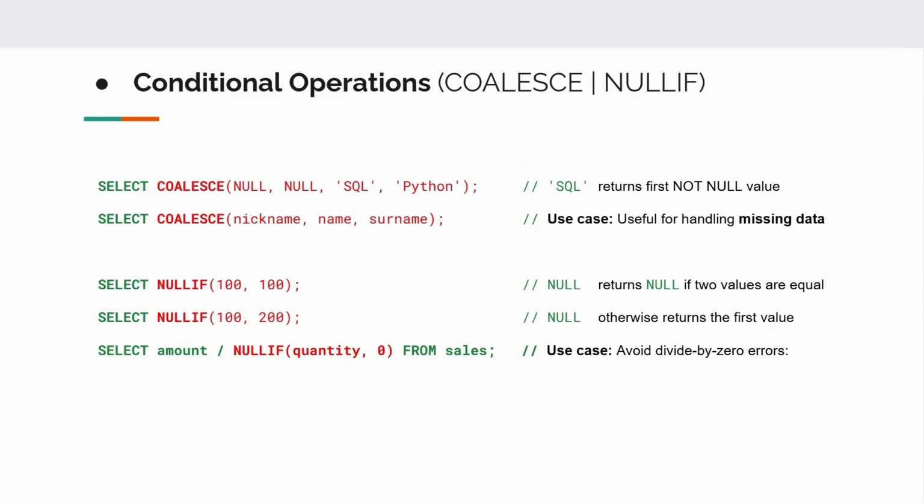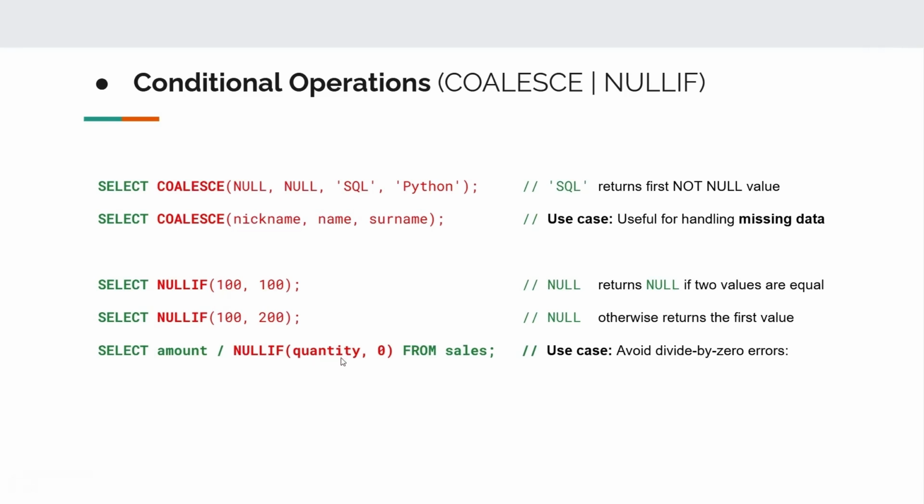That's absolutely useful. NULLIF accepts 2 different values. They can be 2 different columns. If 2 values are equal, then it will return null. If they are different, it will return only the first value. We need it here. Let's see the use case. If we have only select amount divided by quantity, there is possibility that quantity can be 0.